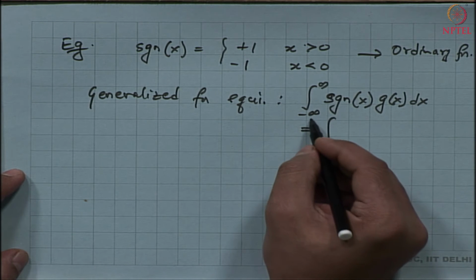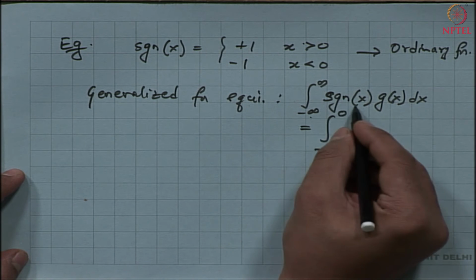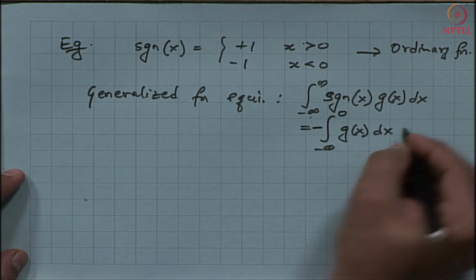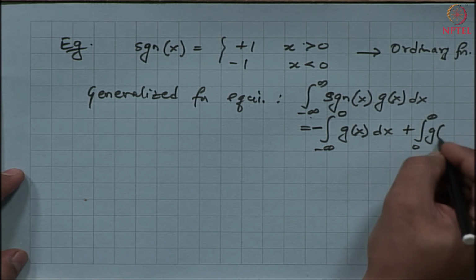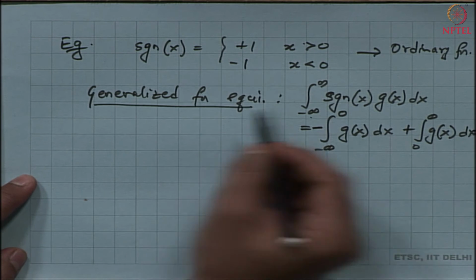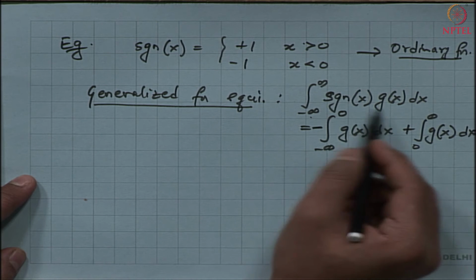From negative infinity to 0, sgn of x is minus 1, so I have a minus sign, g x dx, plus from 0 to infinity I have a plus sign, so this becomes plus g x dx.